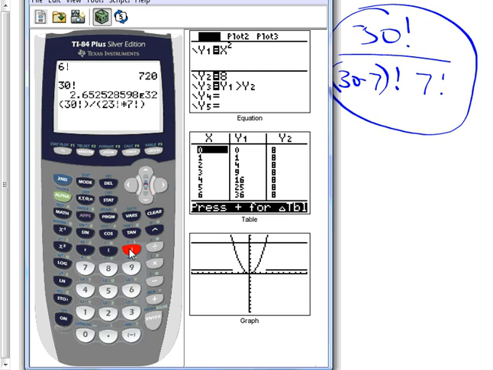End parentheses. Enter. Whew, there's my answer.